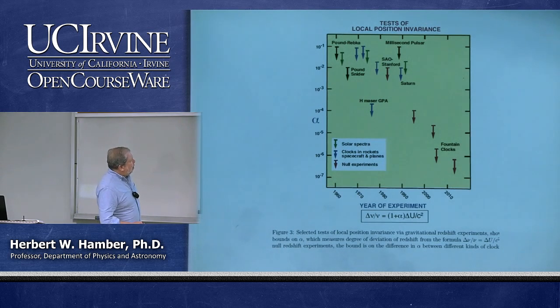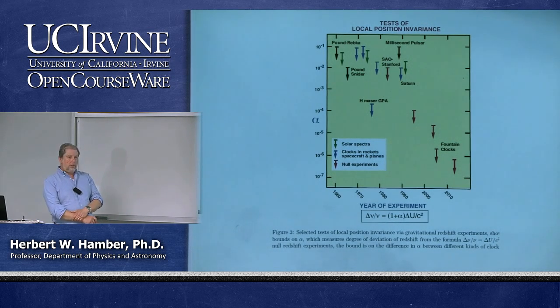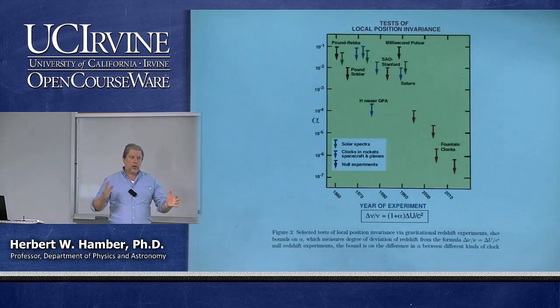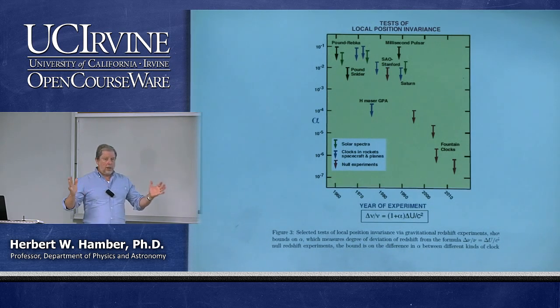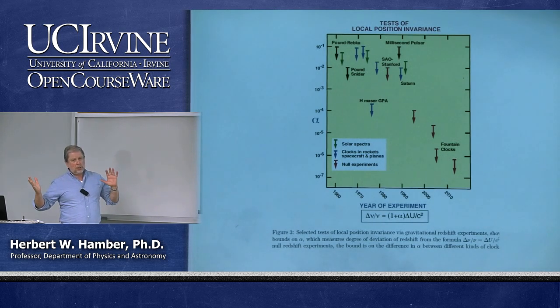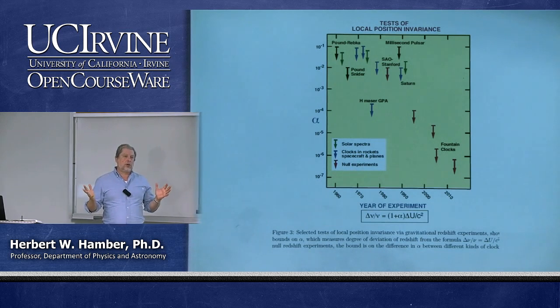So here is another test of one of the principles of general relativity, and that is whether it is actually possible to have an equivalence of gravitational and inertial mass which does not depend on the orientation, does not depend on the distribution of nearby masses, and would cause some sort of anisotropy in the inertia, right?